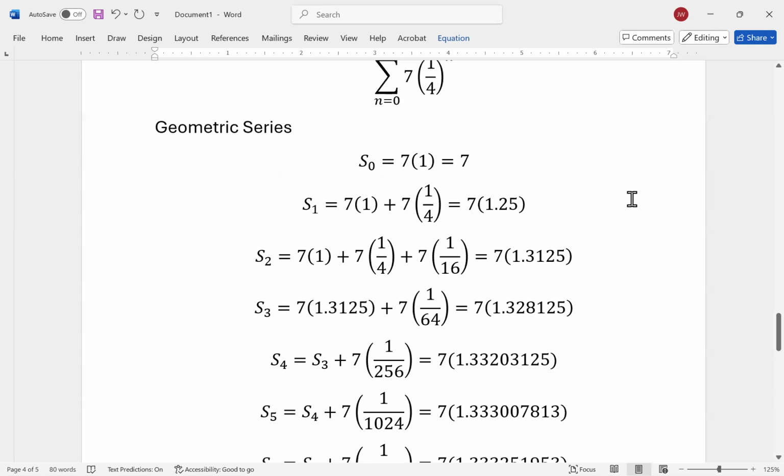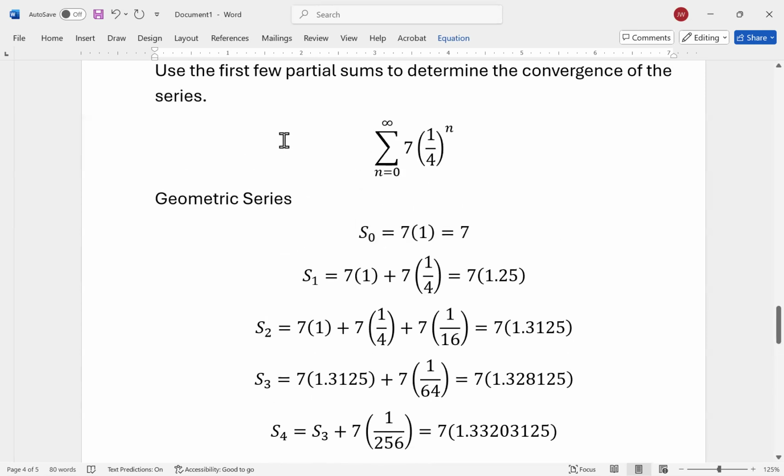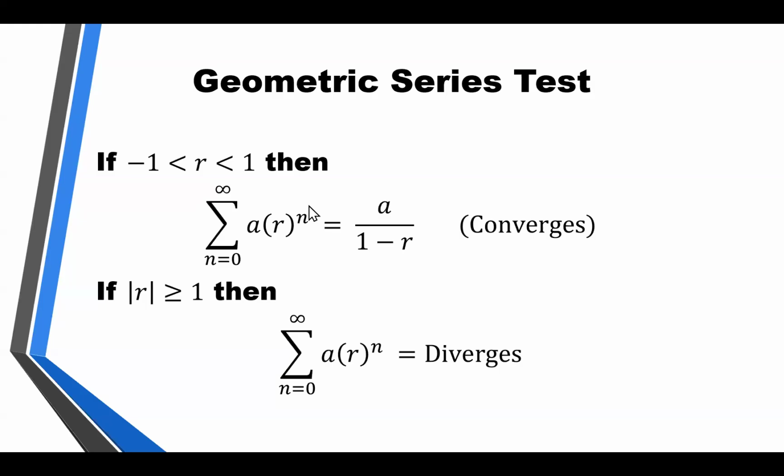It turns out for a geometric series, there is a better way. For a geometric series, we're going to have a shortcut rule. And that shortcut rule is called the geometric series test.